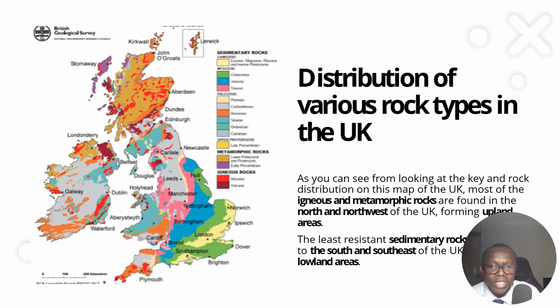Now, these are the least resistant rocks, and these areas here to the south and southeast of the UK are lowland landscape. Then the areas to the north and the west of the UK mostly have igneous and metamorphic rock. And that igneous and metamorphic rock is eroding a lot slower and forming upland areas.